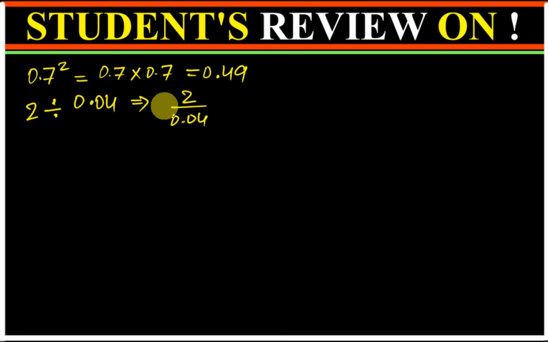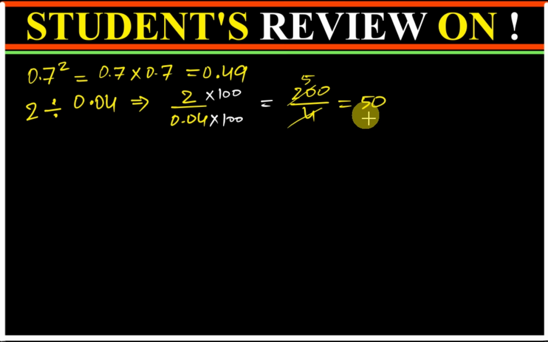Now let's multiply by 100 up and down so that we can eliminate the decimal. So we'll get 200 upon 4. 4 5s are 20, so we'll get 50. This will be the answer.